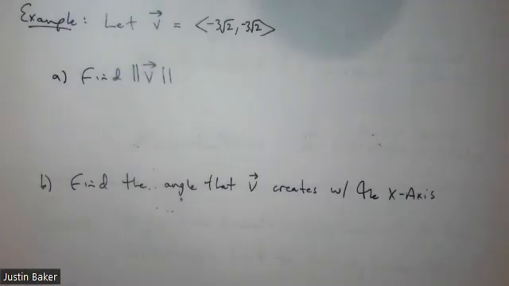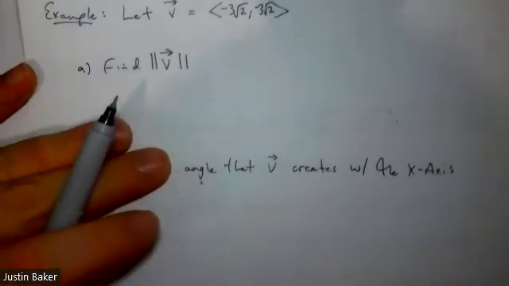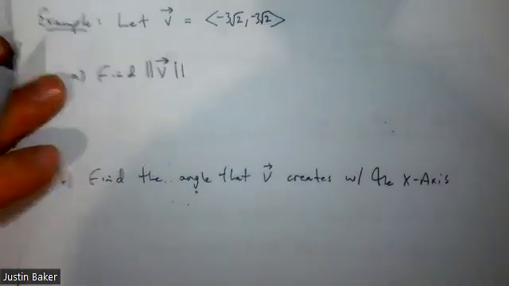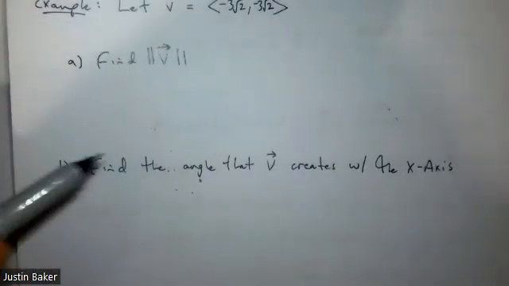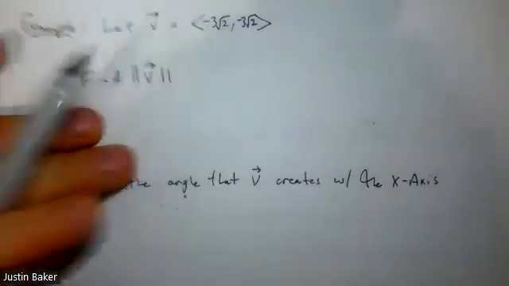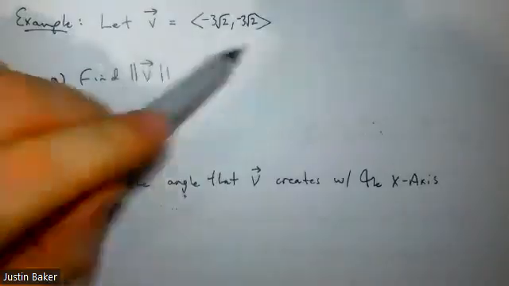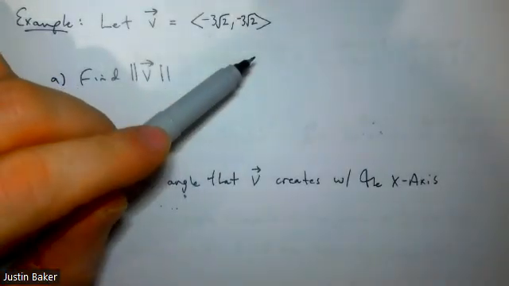For B, when we don't have two different vectors, what should we be looking at for finding the angle? Basically what they're going to ask you with these is going to be some pattern. If they're identical, we're talking about a 45, 45, 90.